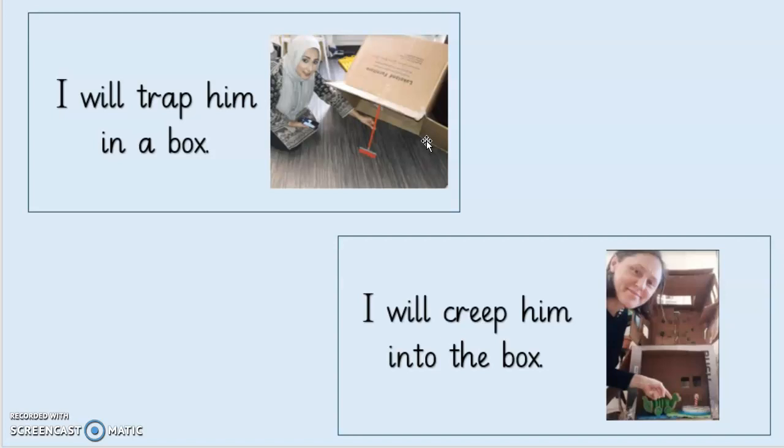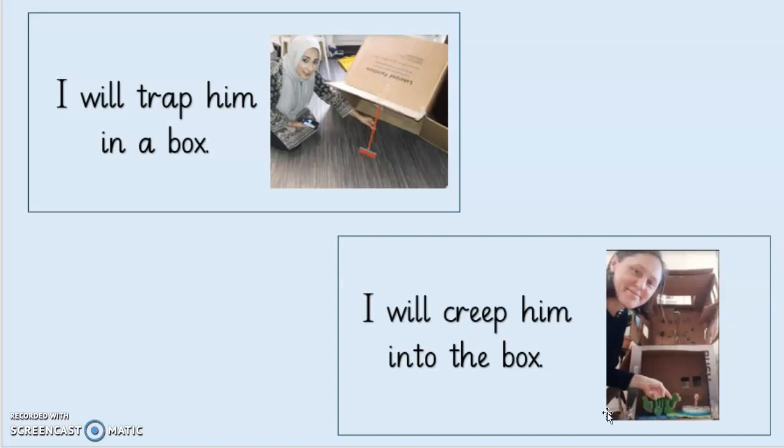If that doesn't work, Miss Ritchie's come up with her own idea. She says, I will creep. Can you spot our digraph E? So I will creep him into the box.